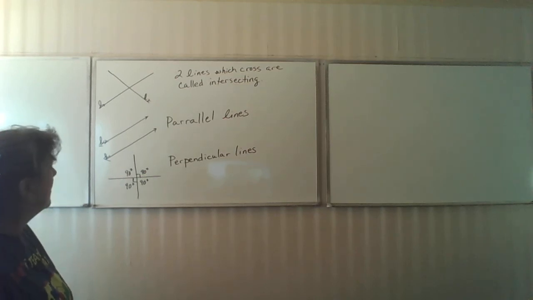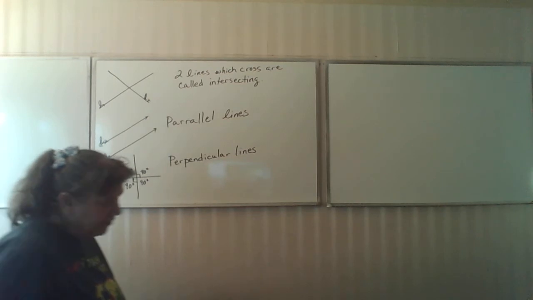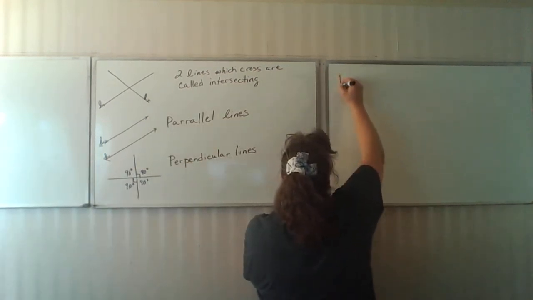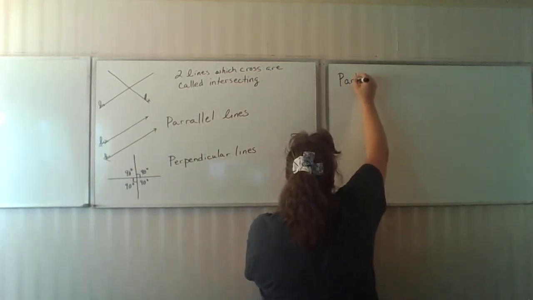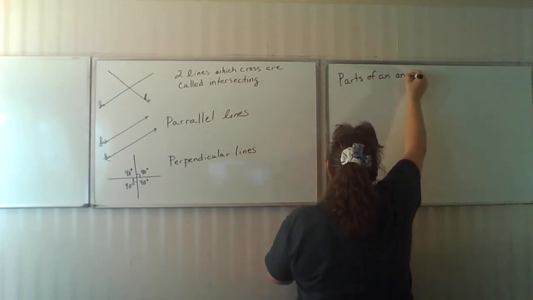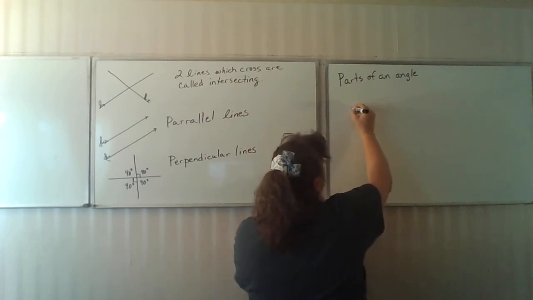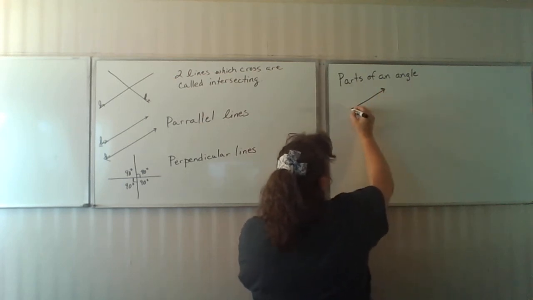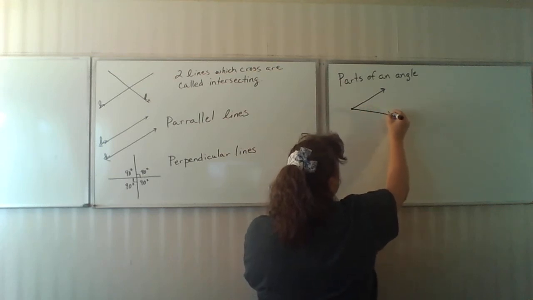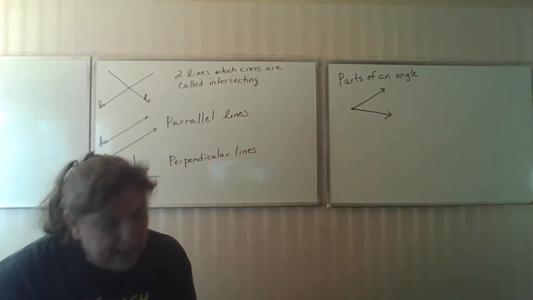Okay? Now, let's look at the parts of an angle. An angle is made up of two rays where the endpoint is the same for both rays. That is what an angle is.